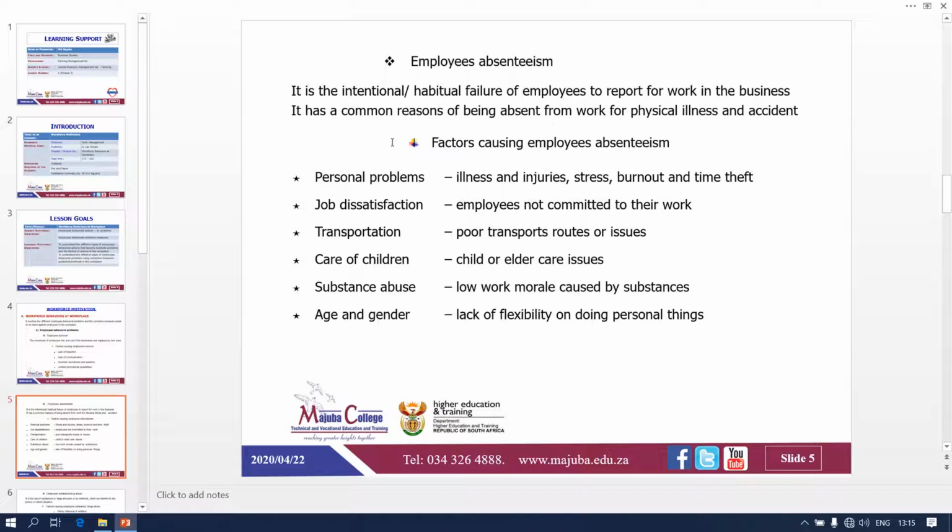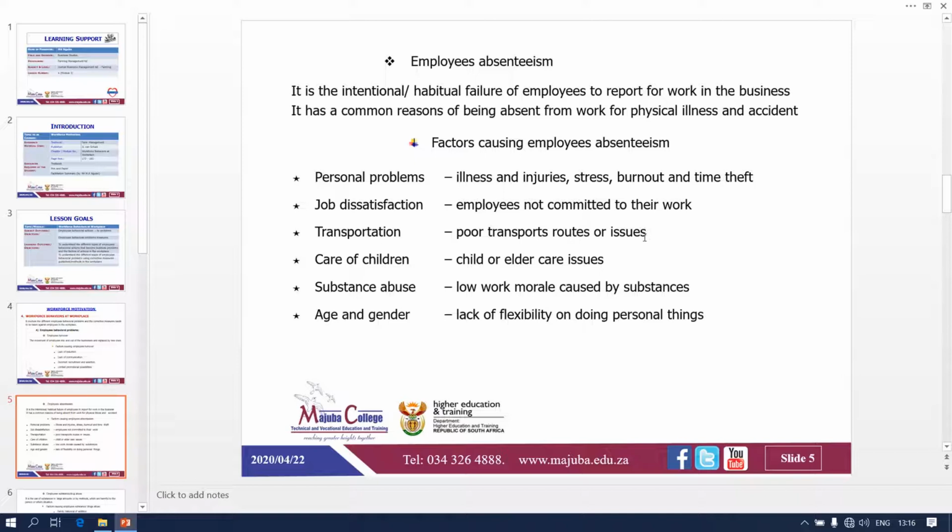Absenteeism. All right. Factors causing absenteeism. Personal problems: illness, injuries, stress, burnout, and time theft. Others are just stealing the time. Job dissatisfaction: employees not committed to their work, always absent at work. Transportation: poor transport routes or issues.